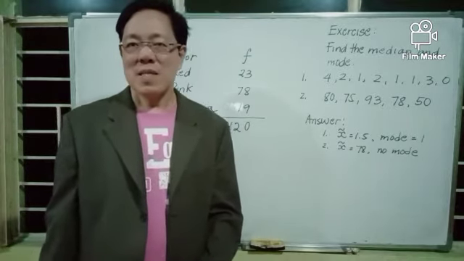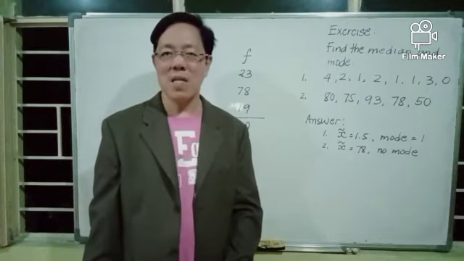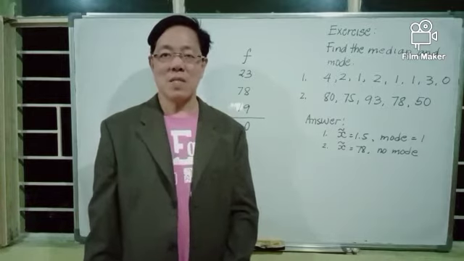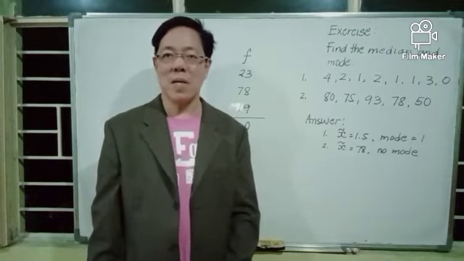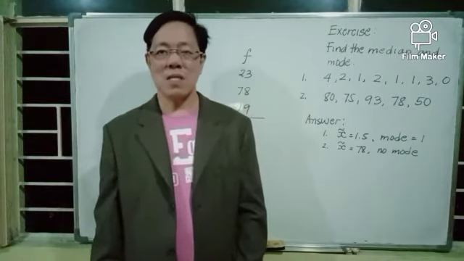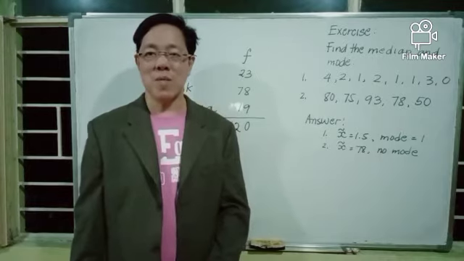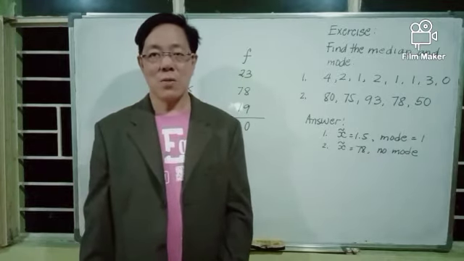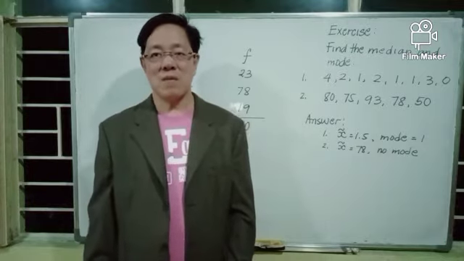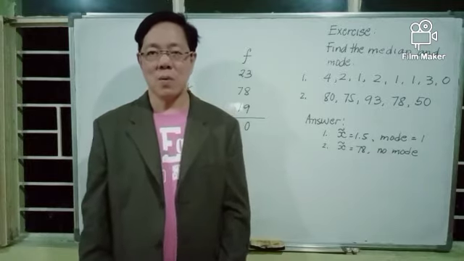Now, the mode is defined as the most popular value or item. If there is a frequency distribution table given, or if you have a set of data and you construct the frequency distribution table for the given set of data, the value or observation or item with the highest frequency by inspection of your frequency table is the mode.